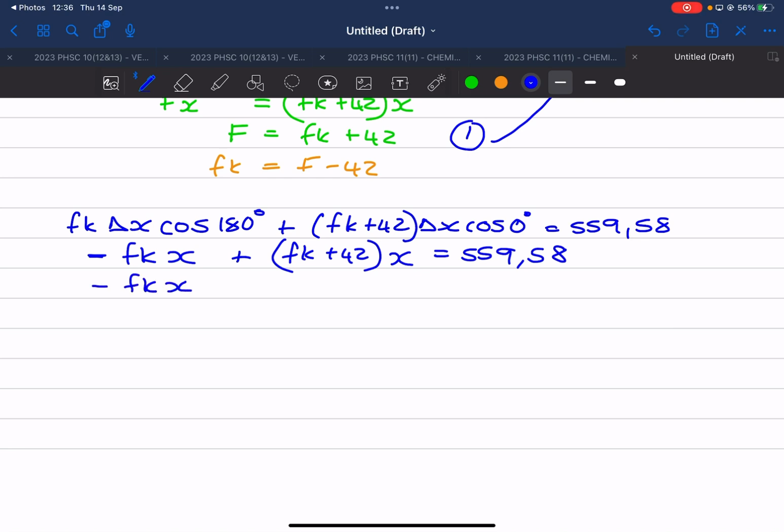Minus fkx, now I'm going to multiply that in there. Then it's plus fkx plus 42x is equal to 559.58. Julle kan sien dat daai 2 uitkanselleer. And then it's just a dividing by 42. 13,32 meter.